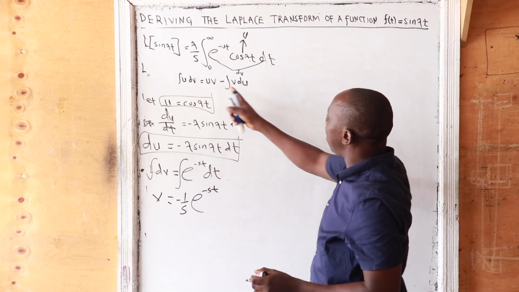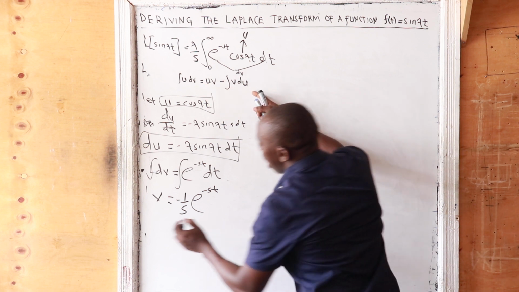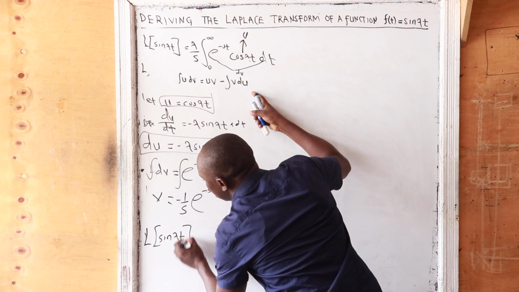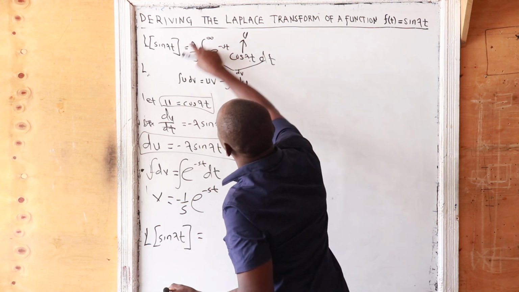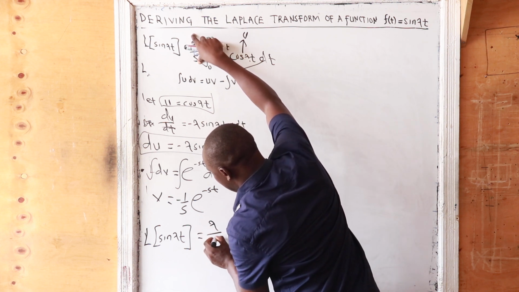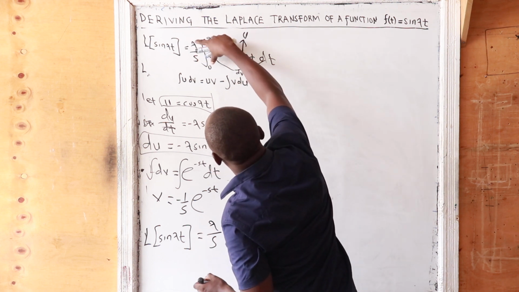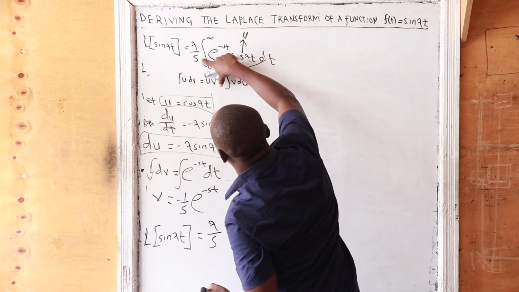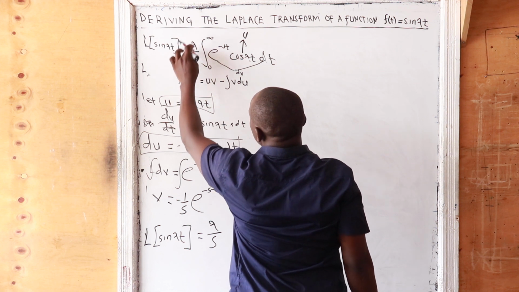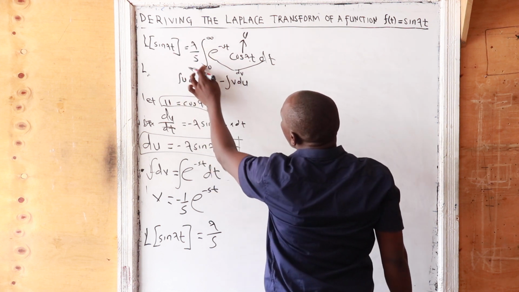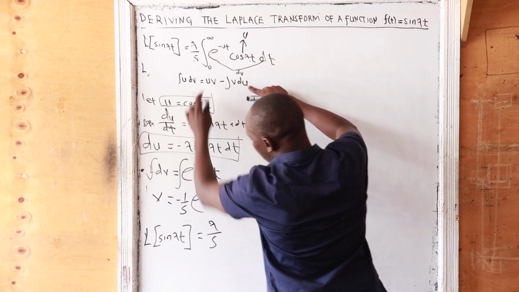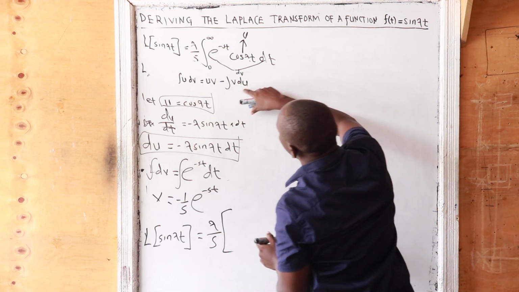Now, let's replace with the formula. We are getting the Laplace transform of sine lambda t to be equal to, there is this constant outside the bracket, this constant lambda over s. Do not forget this constant lambda over s. The Laplace transform of sine lambda t is equal to this constant, and then we are integrating this using integration by parts, which is this formula, where we get u.